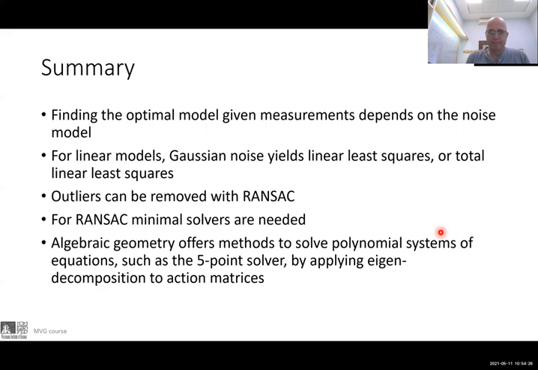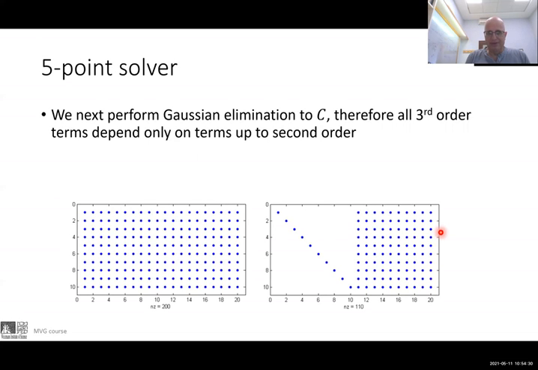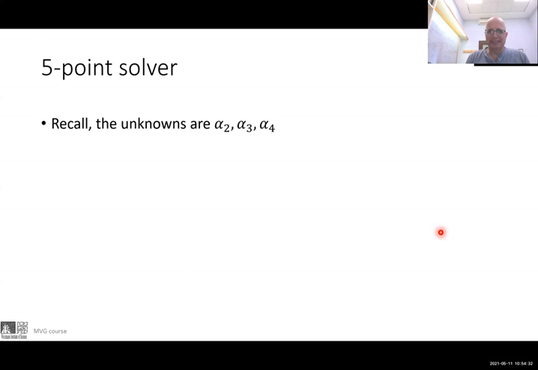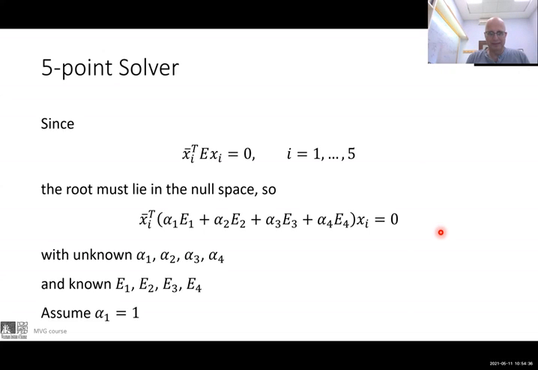Why do we do Gaussian elimination? Let me go back to the simple example, and then I think it should be clear.